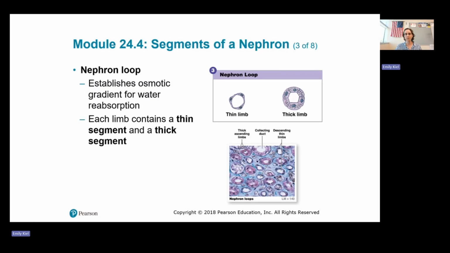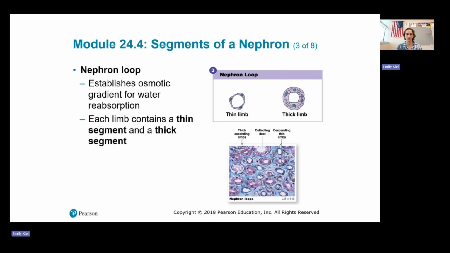And then from the proximal convoluted tubule, we're going to go to the nephron loop. And when we looked at the kidneys, remember the nephron loop was that long hairpin loop that would kind of peek into the medulla or actually be mostly located in the medulla. And this is what establishes the osmotic gradient for water resorption. So you have a thin loop, and then that's followed by a thick loop.